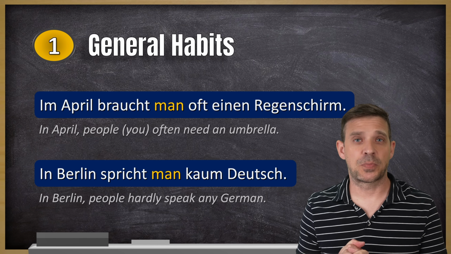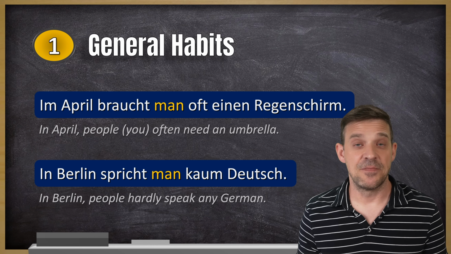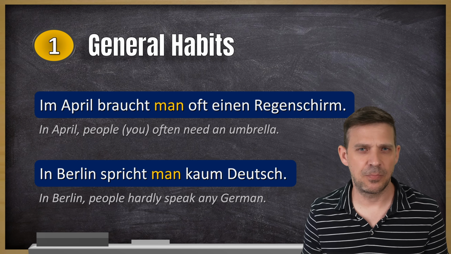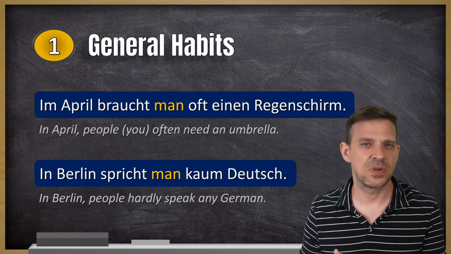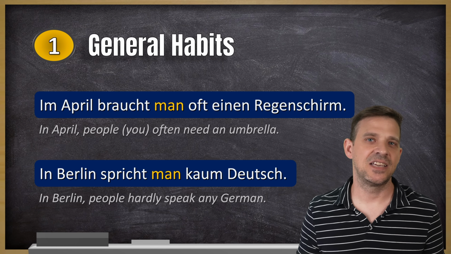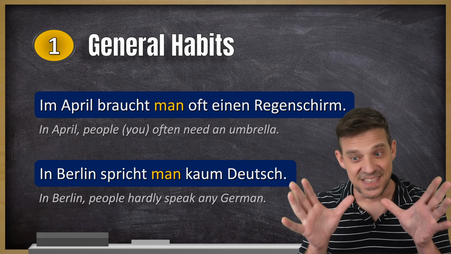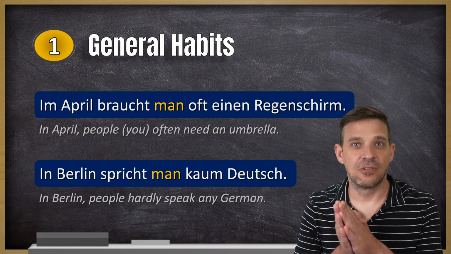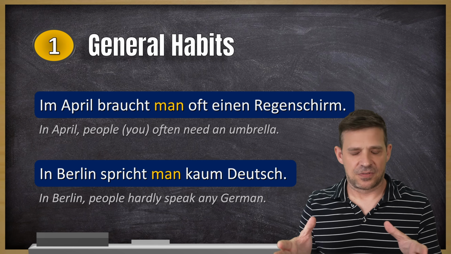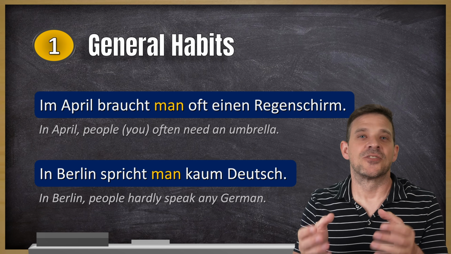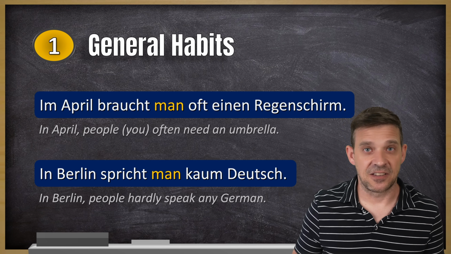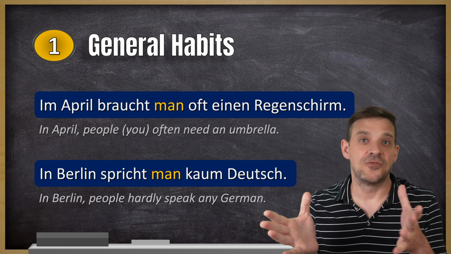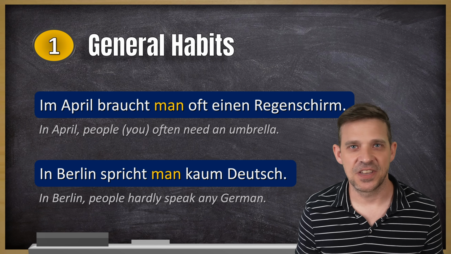Oder in Berlin spricht man kaum Deutsch. In Berlin spricht man kaum Deutsch. In Berlin, people hardly or barely, kaum is hardly, barely, speak any German. Which of course is not true, but just as a tip for you, if you're planning to go to Germany to learn German or stay or live there, or specifically to learn the language, try to avoid the big cities like Vienna or Hamburg or Berlin, because there you can easily survive just with English.